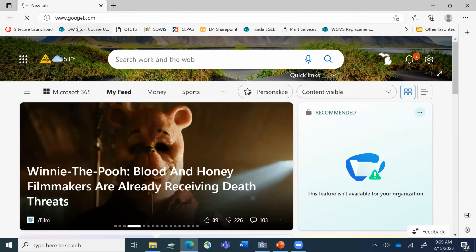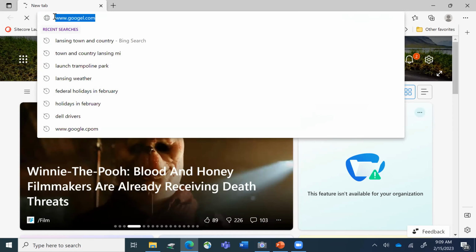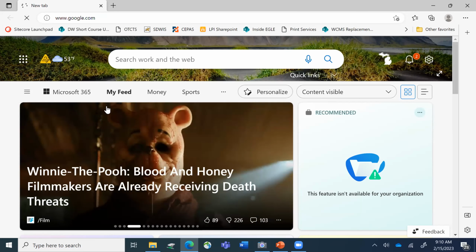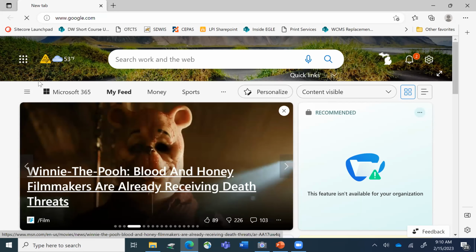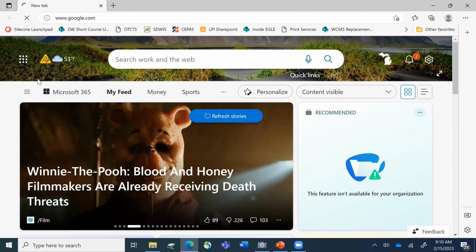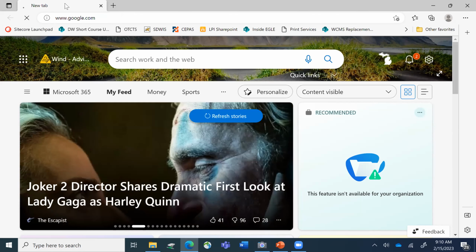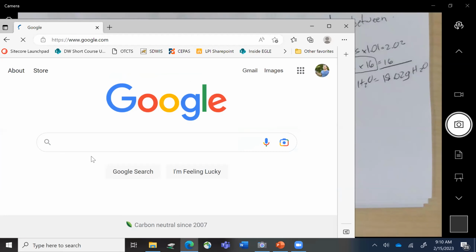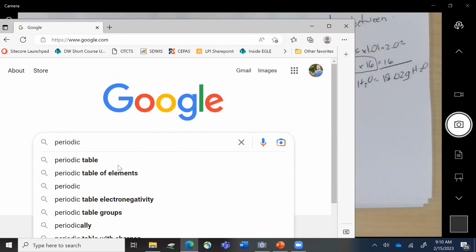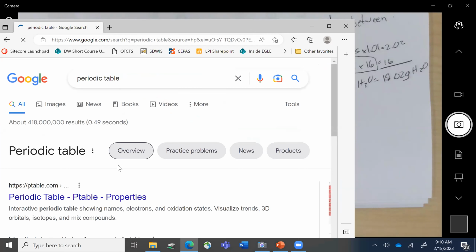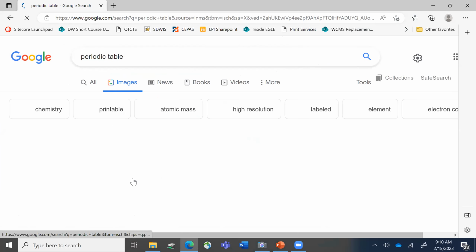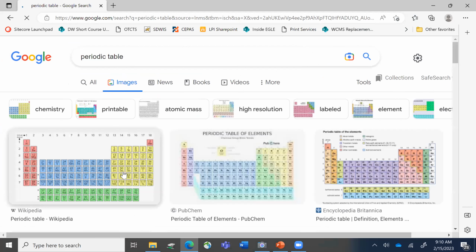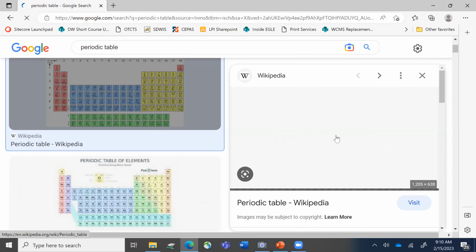Oh, I hope I told you right. That's probably why. Wow, it's really this slow? Man. So, okay, let's just pull up this periodic table, just to show you what it looks like.